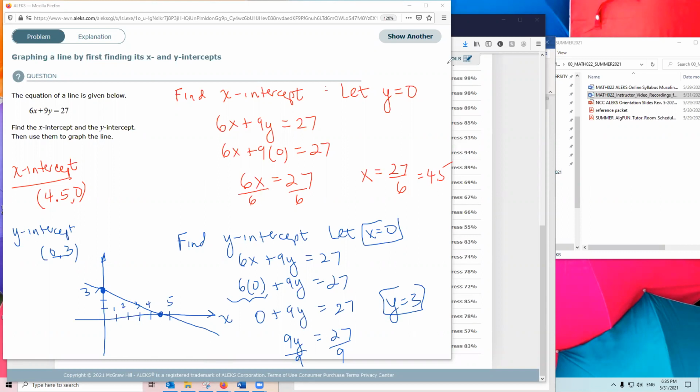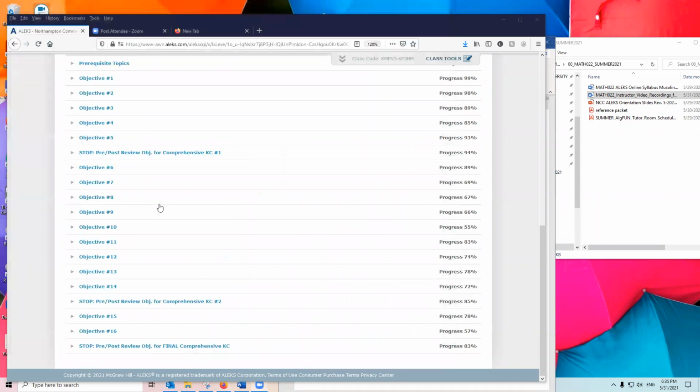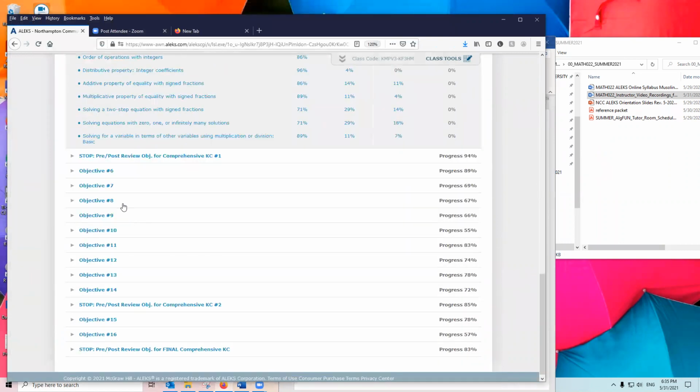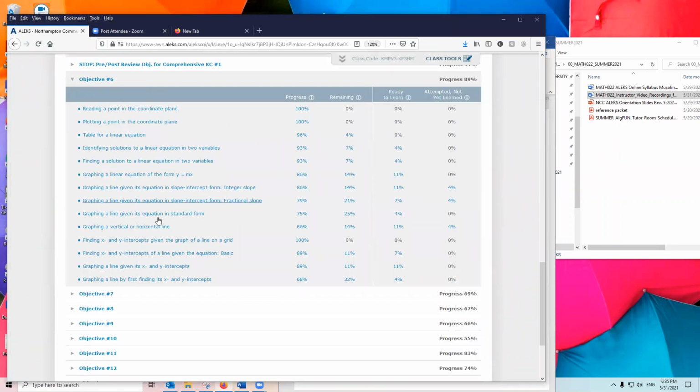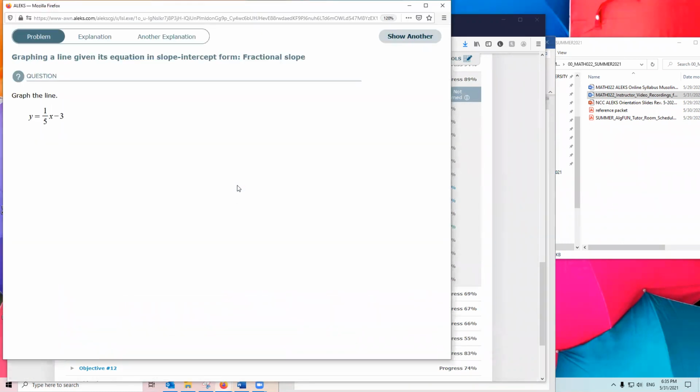All right, let me do one more example maybe on graphing. Whoops, I'm going to Objective 6. How about if we want to graph a line in this kind of format? Well, this is yet another method to graph. It's called slope-intercept form.